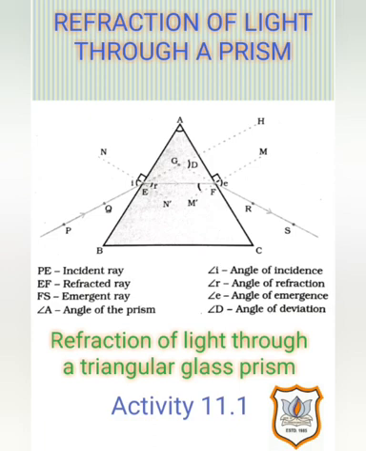The net deviation in a rectangular glass slab is 0 and there is lateral shift. However, due to the peculiar shape of the prism, net deviation in passing through a prism is not 0, and the prism makes the emergent ray bend at an angle to the direction of the incident ray. This angle is called the angle of deviation.